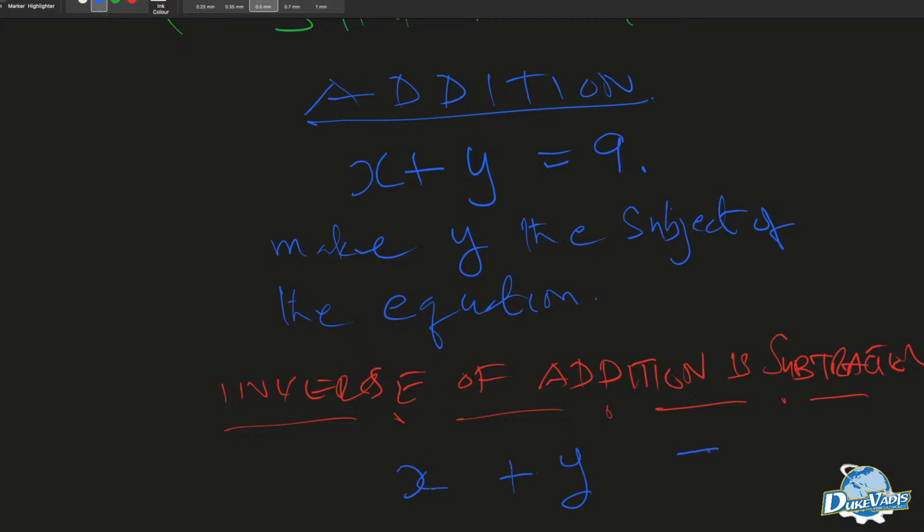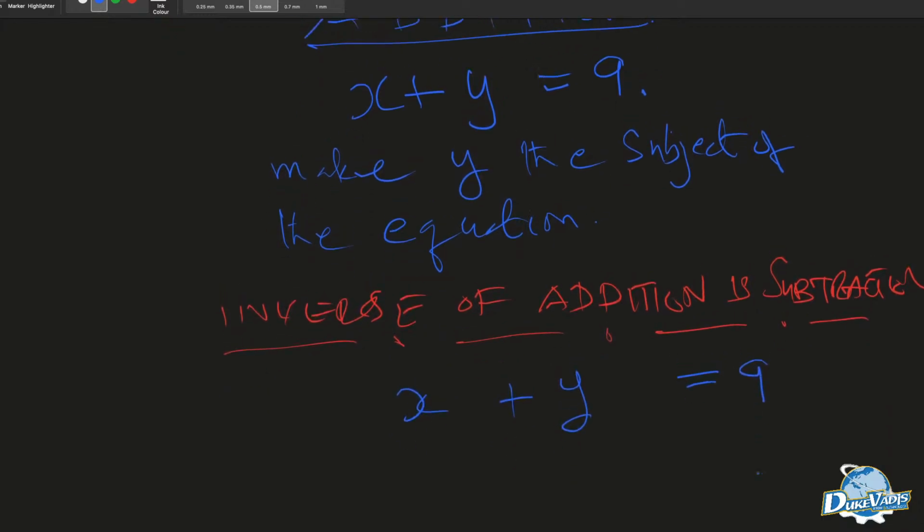So x plus y is equal to 9. What can I do? Since x plus y is equal to 9, what can I do to make this x go away so that y will stand alone? Because x is adding to y, and the answer is equal to 9.